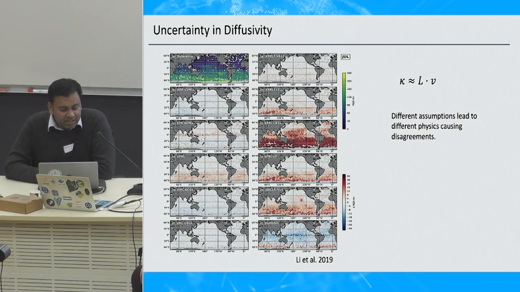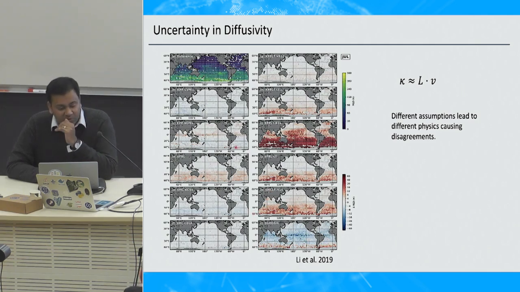So the red means I think a deeper mixed layer depth bias, and the blue is shallower, and you can see there are blue and red shades everywhere. So they disagree on the value as well as the trend. So this is the problem, as in they all disagree.